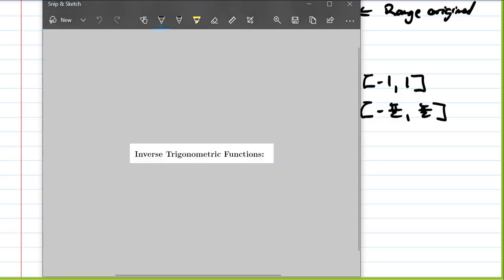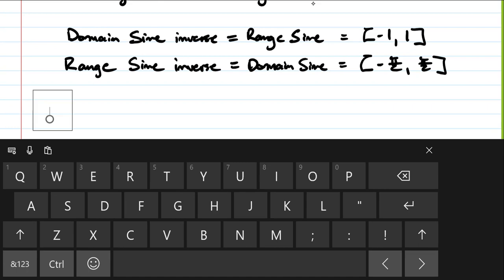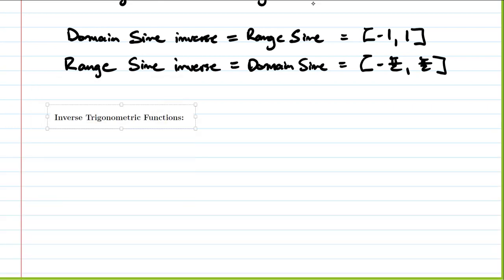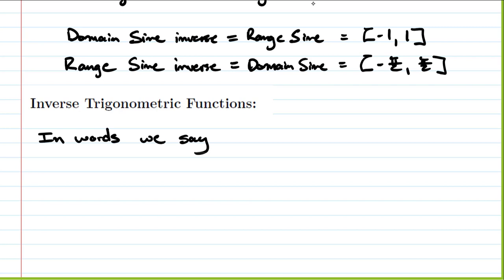So we need to talk a little bit about some notation that's going to go along with our inverse trigonometric functions. So, in words, we can say arc to represent the inverse.